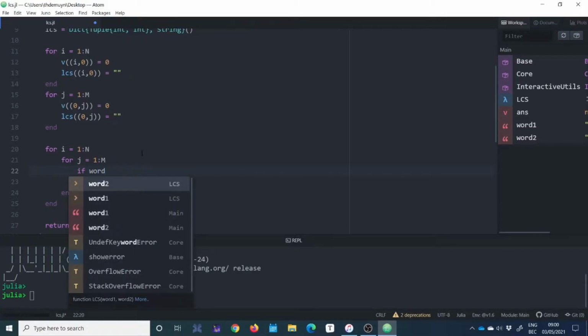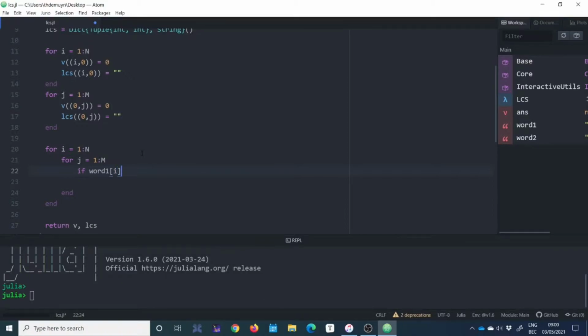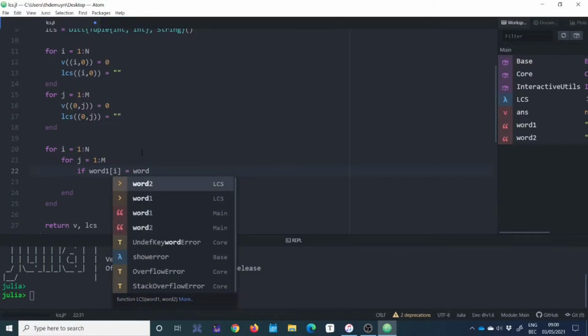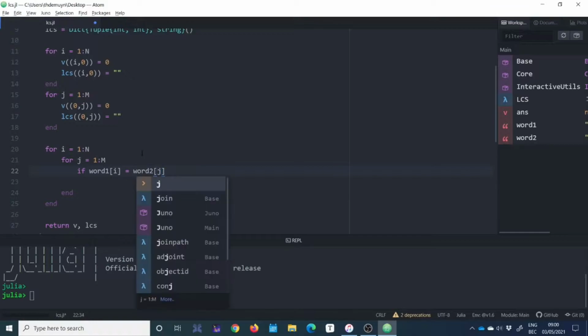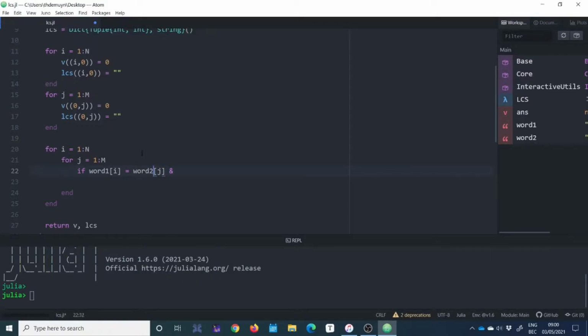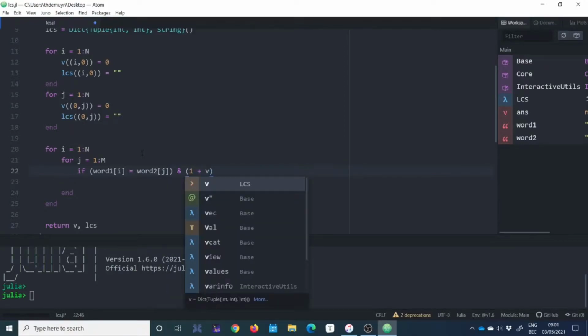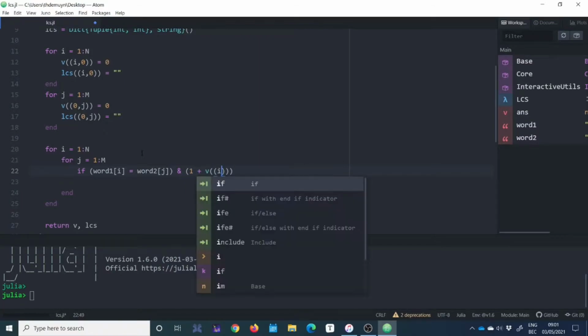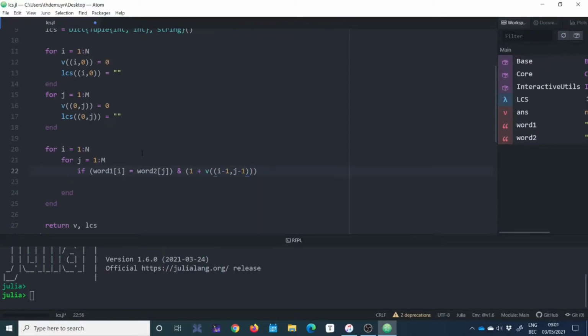If word 1 at this position is equal to word 2 at this position, so the last letter is the same, and if it happens that 1 plus v of i minus 1, j minus 1, so the last letter is the same and these are part of the common substring, then this is going to be the value.